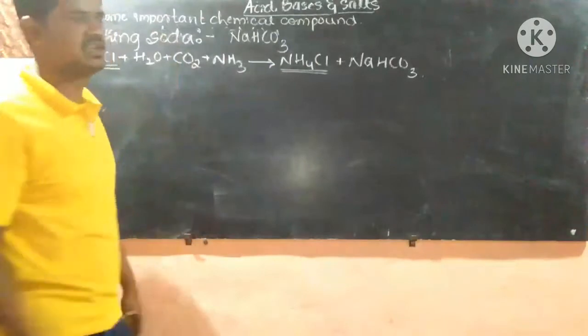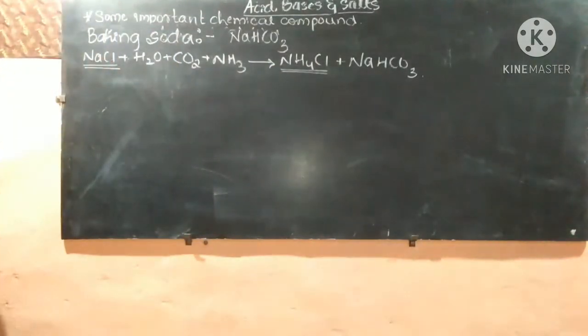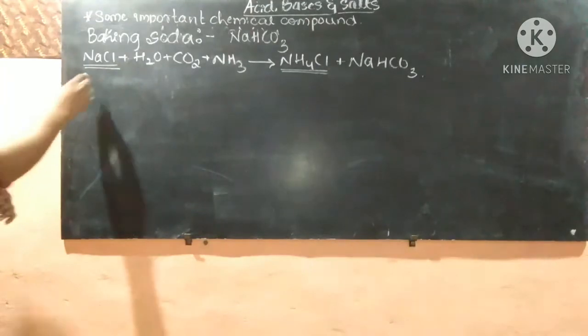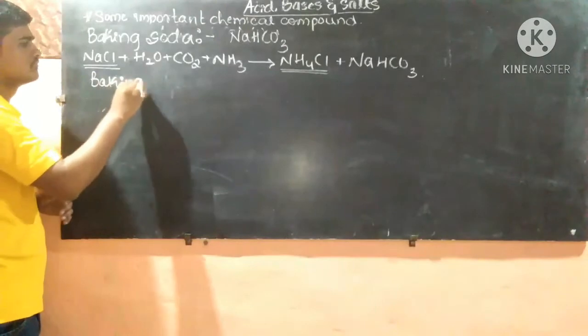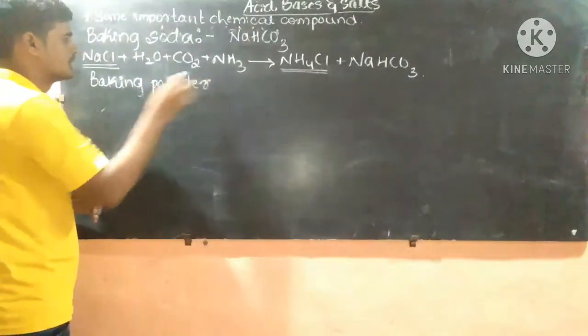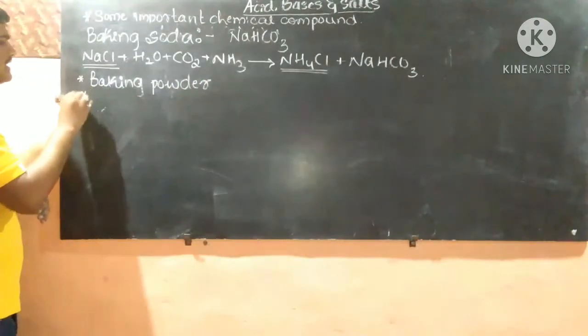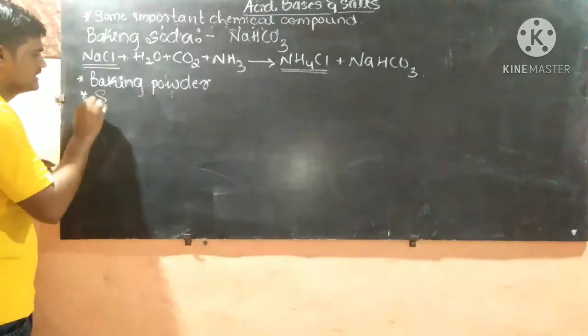that is baking soda. And this baking soda is used in our daily life also to prepare the baking powder. The baking soda is also used in the soda acid extinguisher.